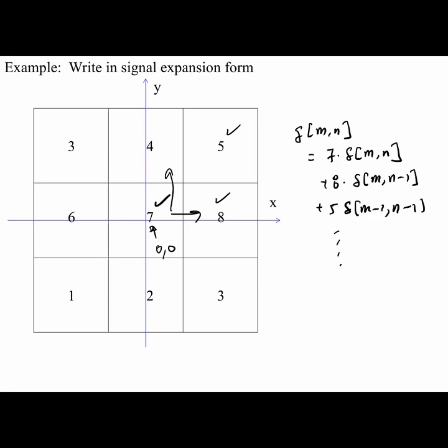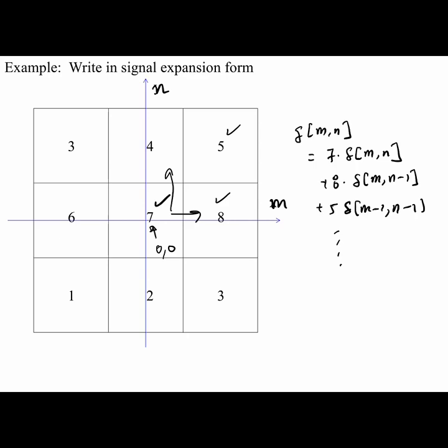Okay, so M is for the y coordinate? Yeah. Sorry, this is m and n. So that shouldn't be, sorry, should it be like 8 times delta of m minus 1 coming in? Oh yeah. So maybe yeah. So let's correct that.